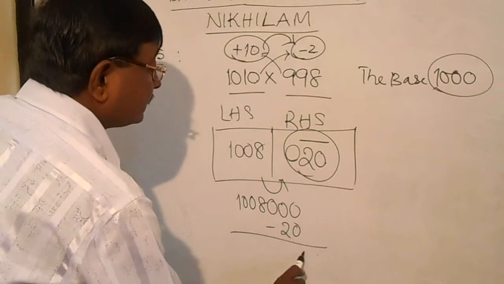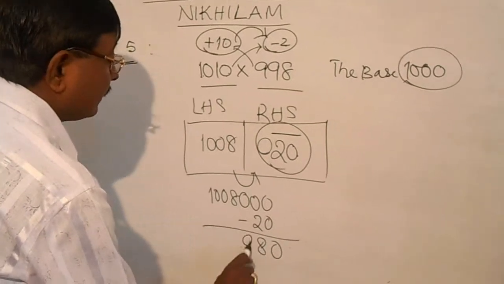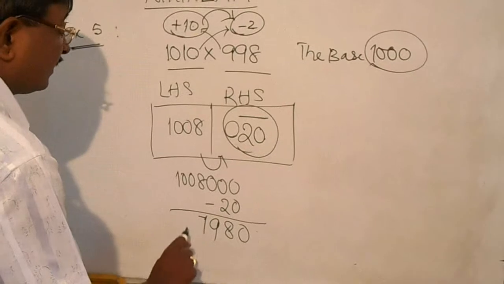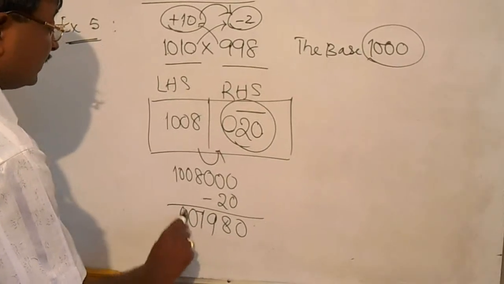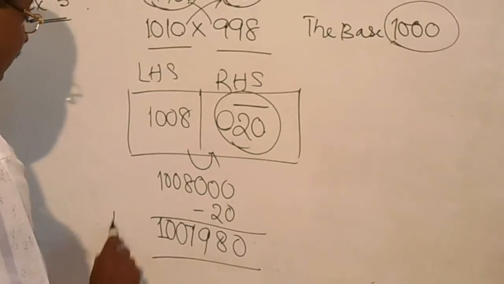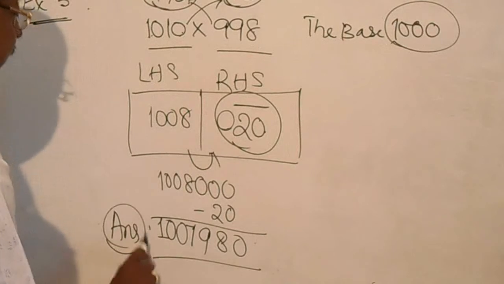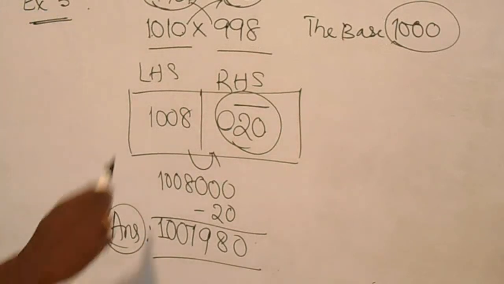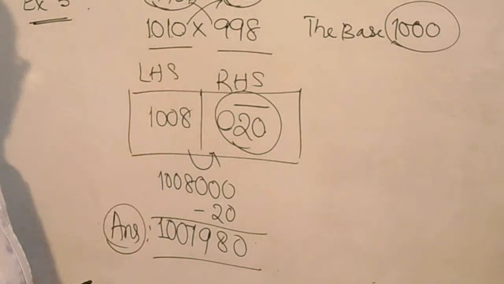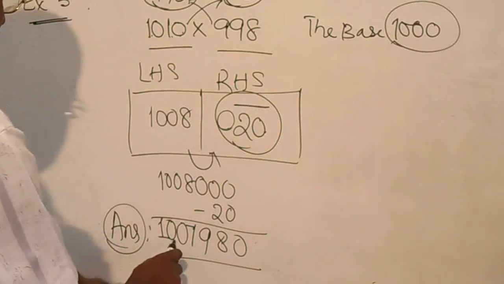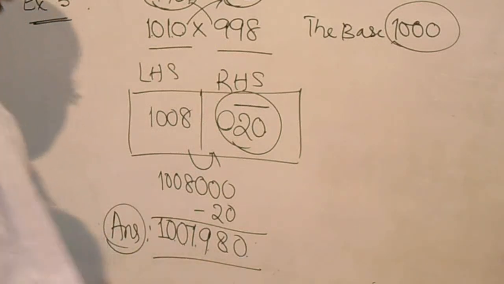So that my answer here, for 1010 multiplied by 998, is 1007980.